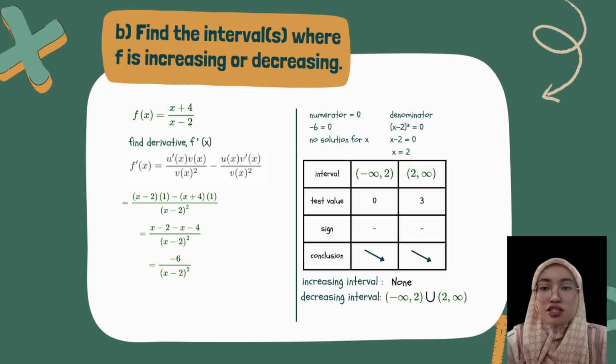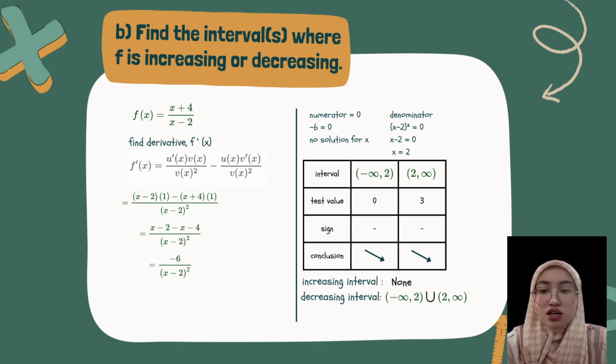Now I will explain the critical points and analyze where the function is increasing or decreasing. We set the numerator of the derivative equal to 0 to find the critical point, negative 6 equals 0. Clearly, this equation has no solution, which means there are no critical points where the derivative is 0. Next, we examine the denominator to find where the function is undefined.